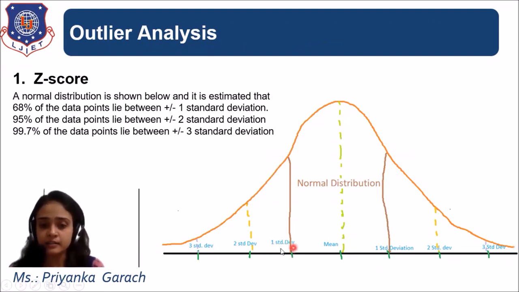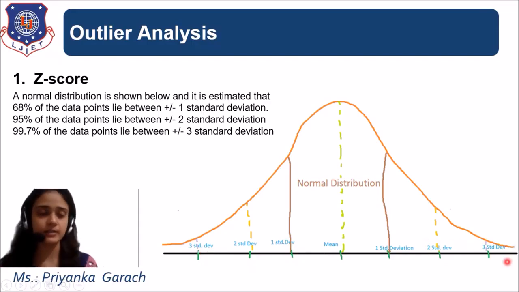So this is my first standard deviation. Then with the same distance, I draw the second vertical line on the left and the right hand side both. This will be my second standard deviation. With the same distance, I draw a third vertical line, that is my third standard deviation, on both sides.